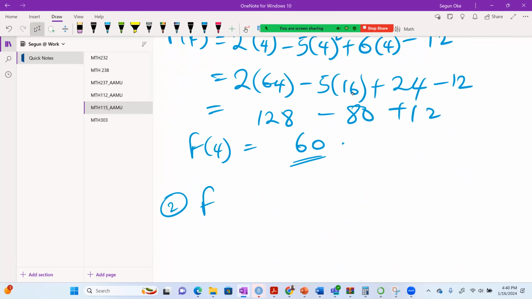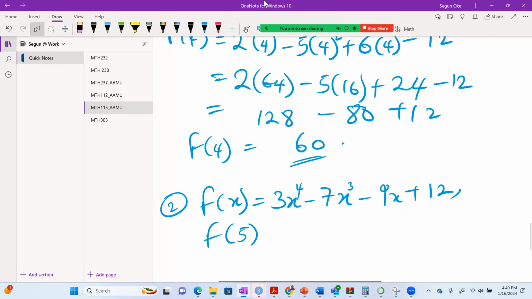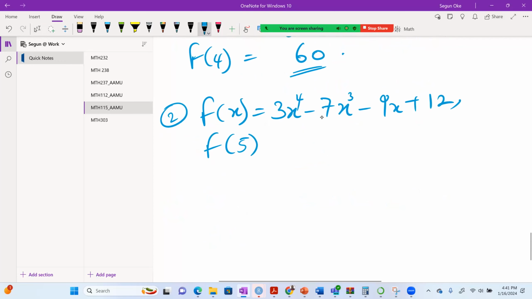We have f(x) equals 3x raised to the power 4 minus 7x raised to the power 3 minus 9x plus 12. We have f(5). So for f(5), what do I do in this case? Follow the same procedure we did the other time.